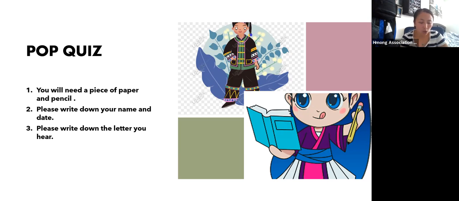Okay, so the first one, jaw, jaw. Are we writing it down? Yes, you're supposed to write it down. It's going to be a quiz. Number one is jaw, jaw. Number two is daw, day.